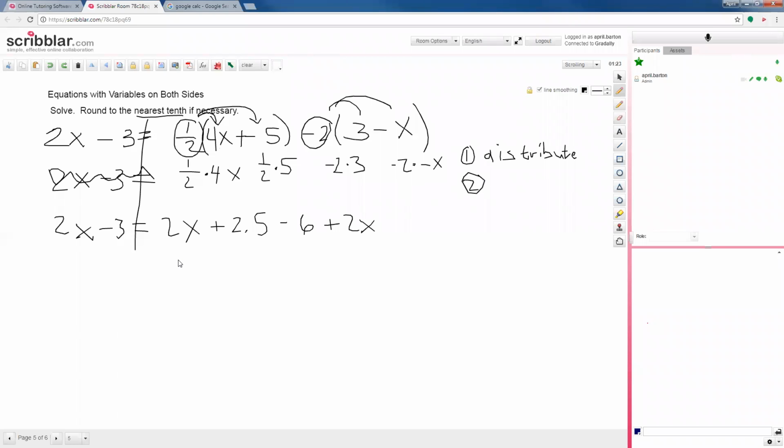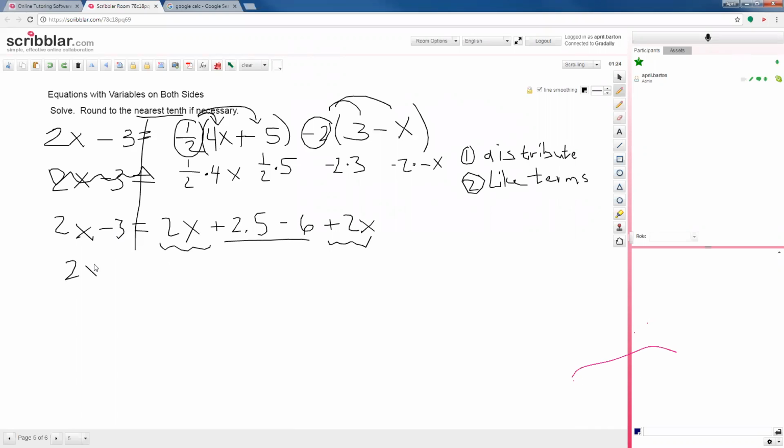Now we look for any like terms to combine. On the left, no like terms. On the right, we have a couple of like terms. We have 2x and 2x, and the +2.5 and -6.